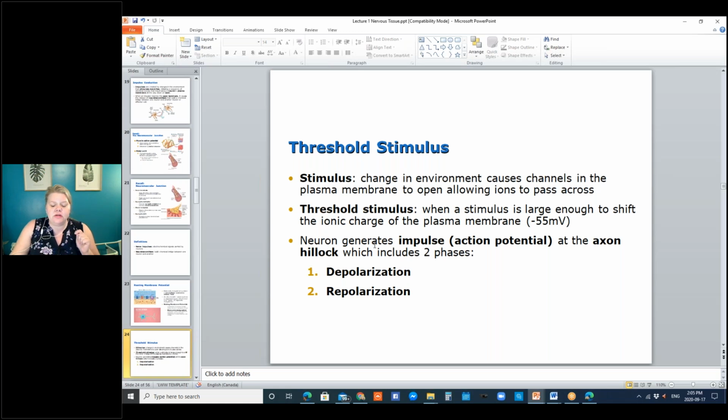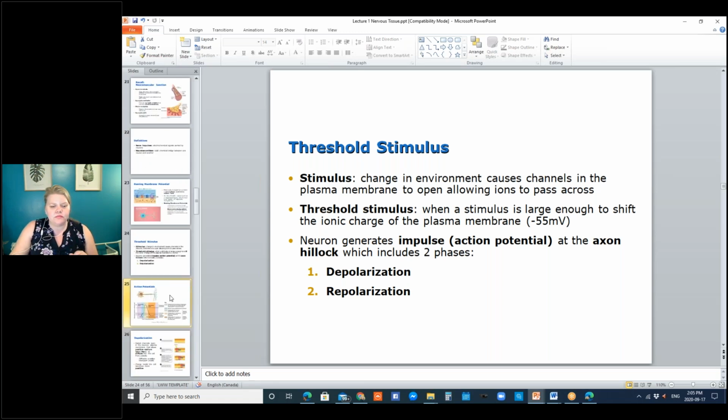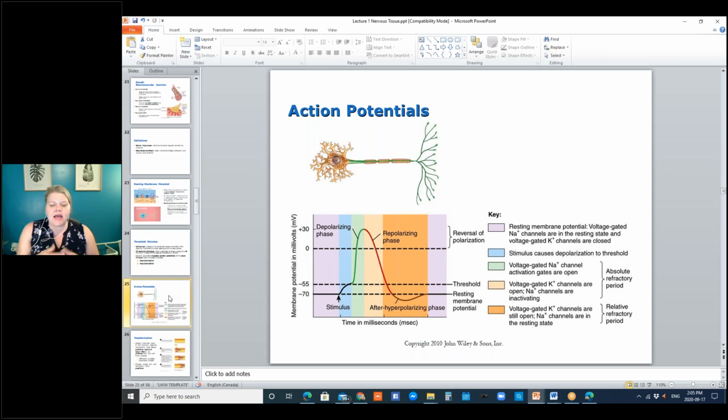The neuron generates this action potential at the axon hillock. The axon hillock is where the cell body meets the axon, and two phases occur at this point. Okay, so for an action potential, there's the depolarization phase and a repolarization phase.